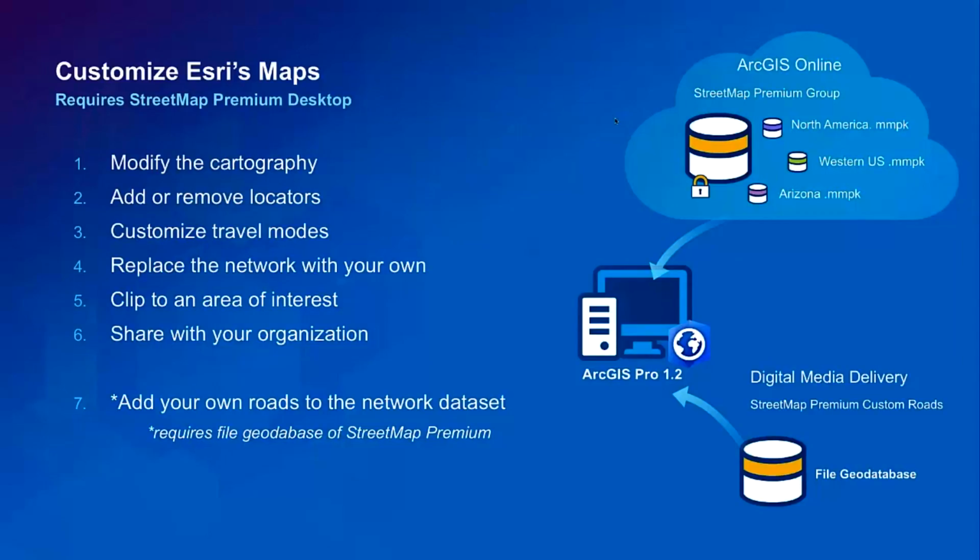Use Network Analyst to build the transportation network, package it, and deploy it. You can clip maps to an area of interest, and then, of course, share those maps throughout your organization so that you can download them to the Navigator device.